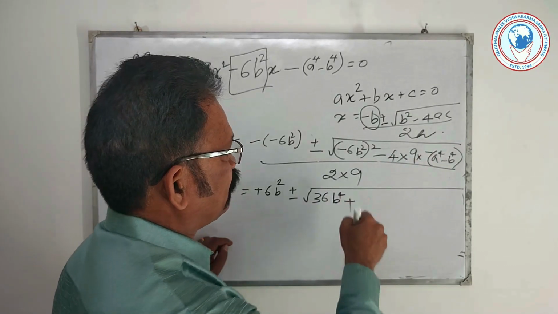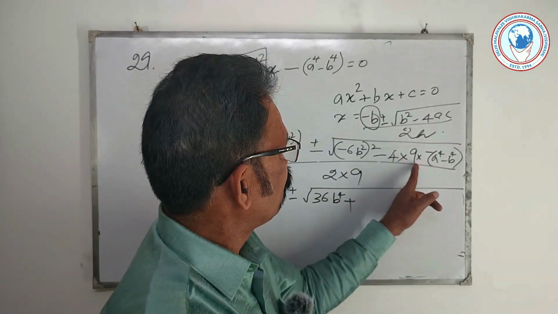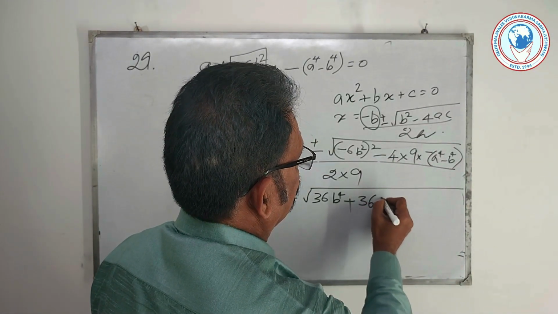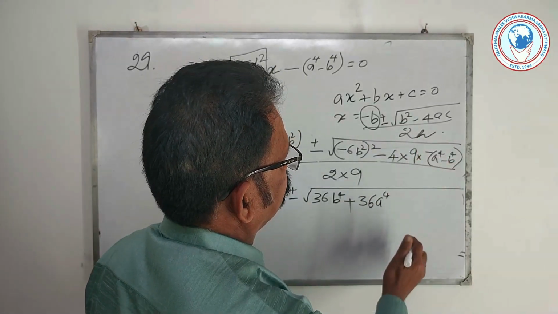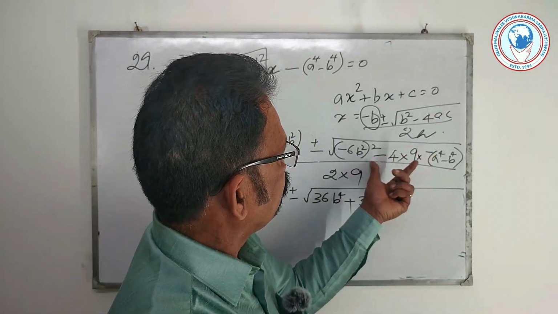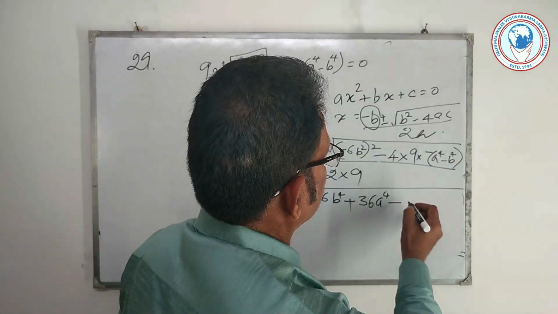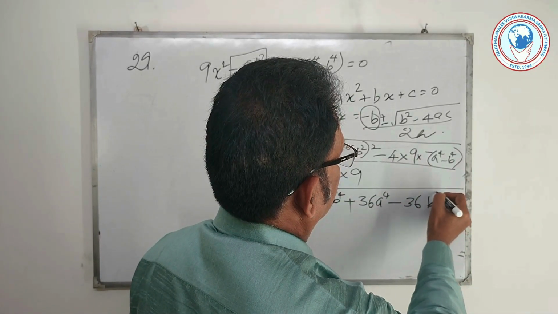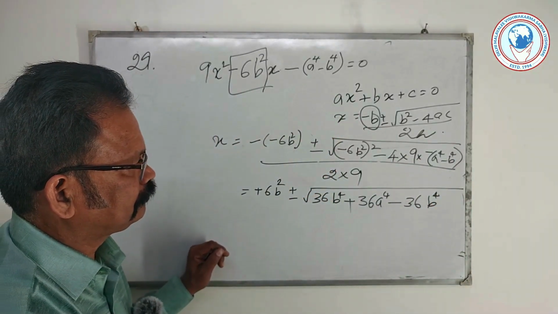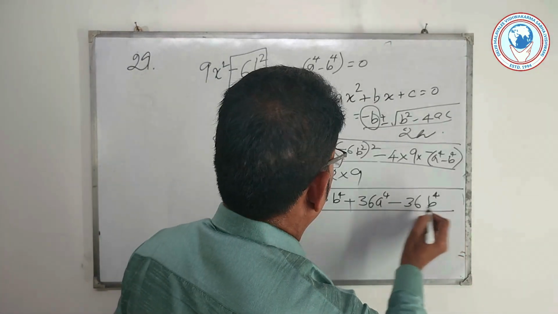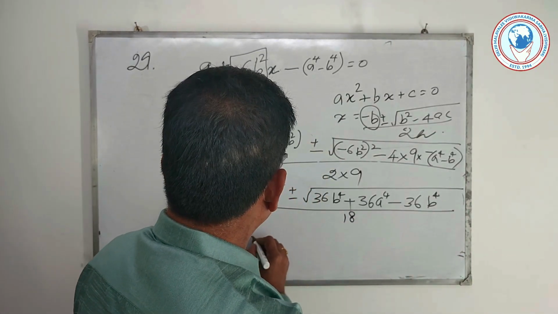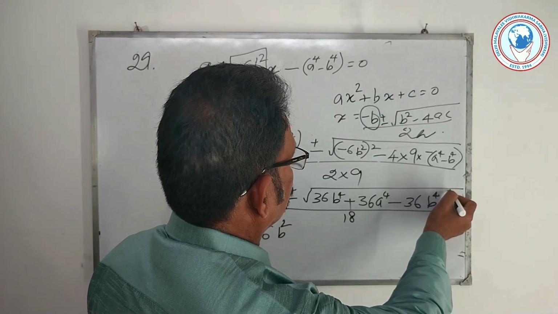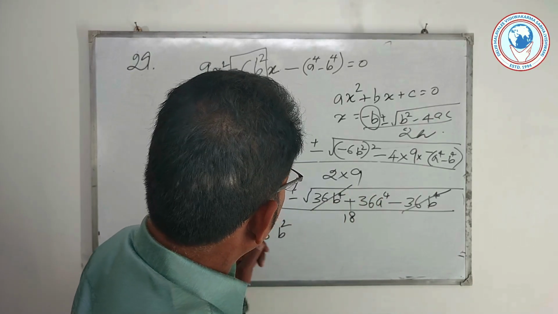Minus of minus becomes plus 4 into 9, 36 a raised to 4. Again minus 36 b raised to 4, whole divided by 18. That is 6b square plus or minus root of 36b raised to 4 plus 36a raised to 4 minus 36b raised to 4.